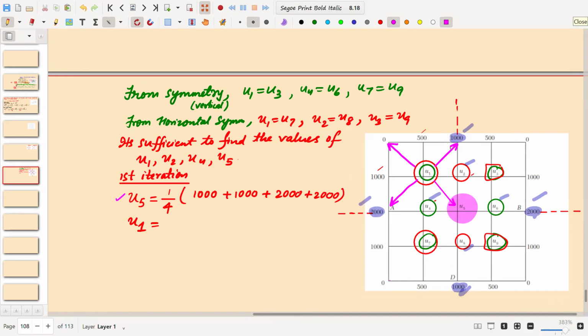I could have found U1 first and then U5, but I first found U5, then U1. It's a game of playing chess, actually. Which one to take first so that I can easily go? Can you see why we first found U5? So that I can use it here. 1 by 4 times 0 the diagonal, then 1000 in the diagonal, then 2000, then U5. From here, what is the value of U5? So you can put 1500 here. Then what is this value? Yes, 1125.